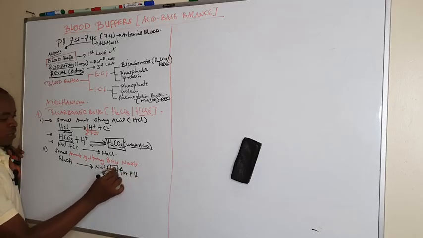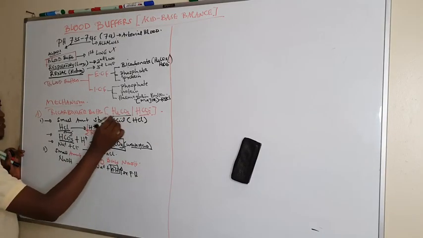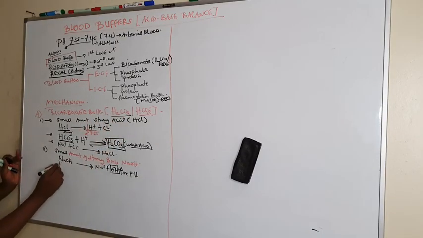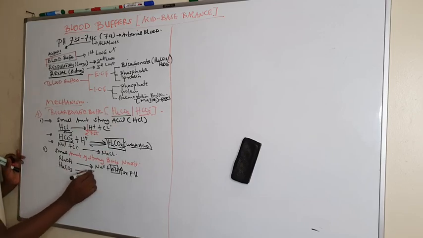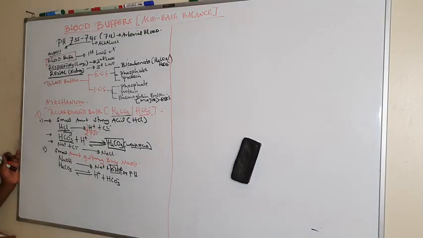So how do we make sure that this is checked or maintained? In our buffer system we have the weak carbonic acid, and this weak carbonic acid has the ability to dissociate, liberating hydrogen ions and the bicarbonate, which is the conjugate base.